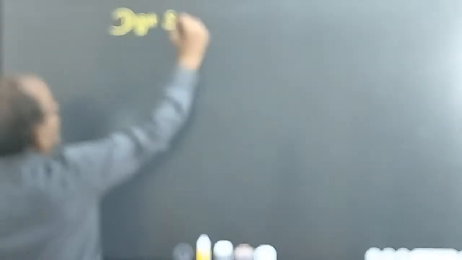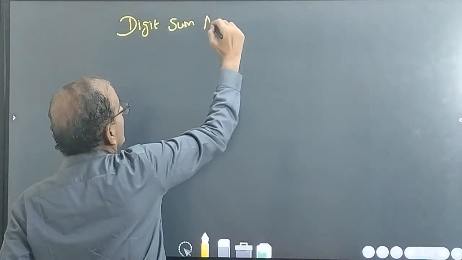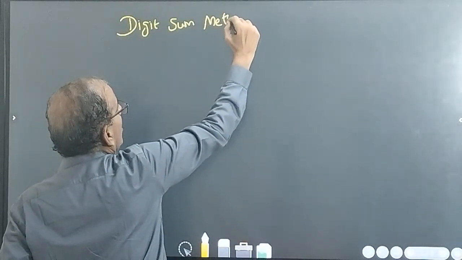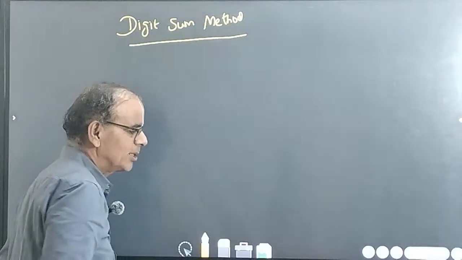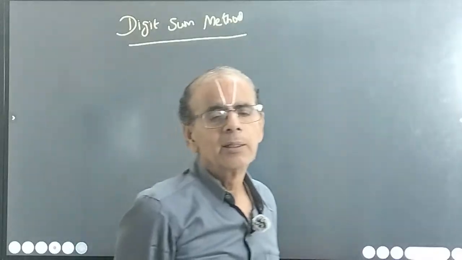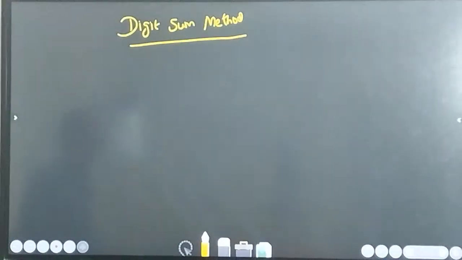Next method, shortcut method. Starting point I told the unit digit method. Next question, digit sum method. Shortcut for solving problems under the digit sum method. 100% this method will not work out.